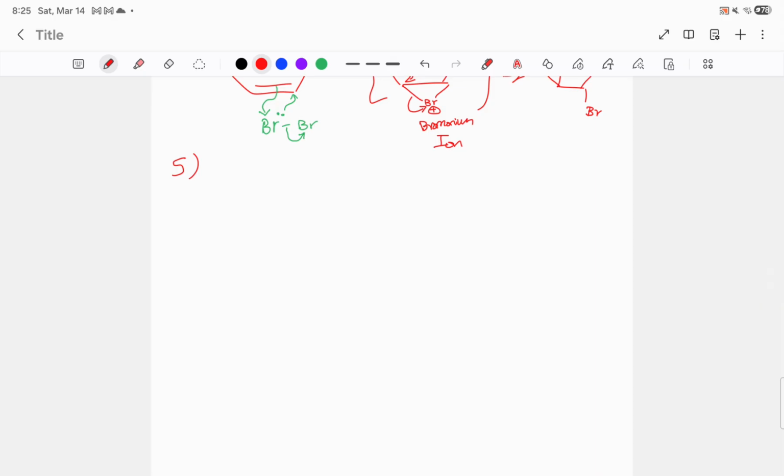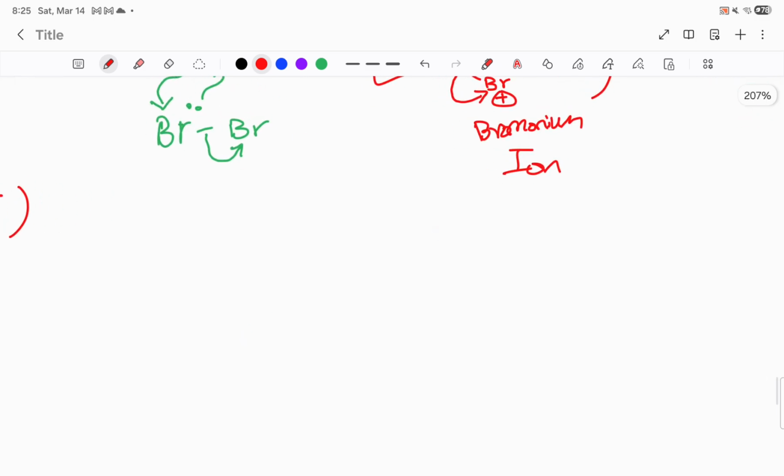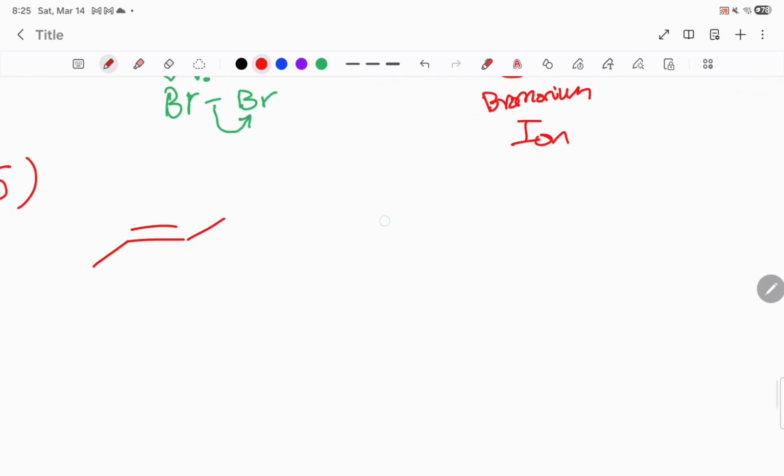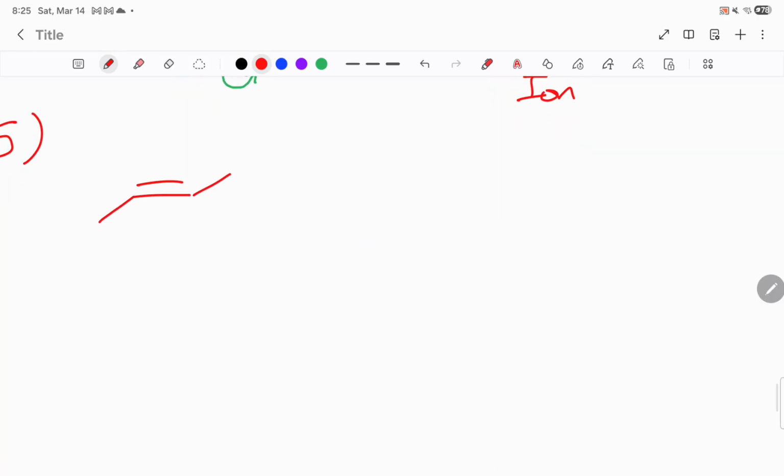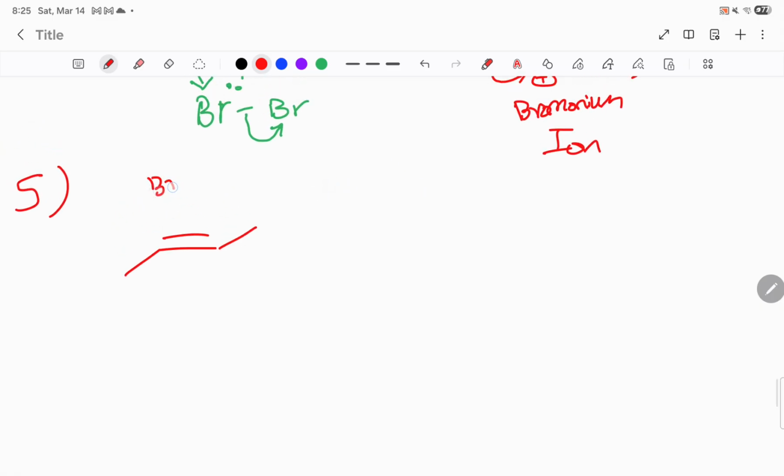Well, if we had an alkene as we had before, let's do our same kind of trans alkene. If I were to normally add a Br2 to it, what would happen? Well, if I add just a Br2, guess what? This would make our halonium ion ring, okay?